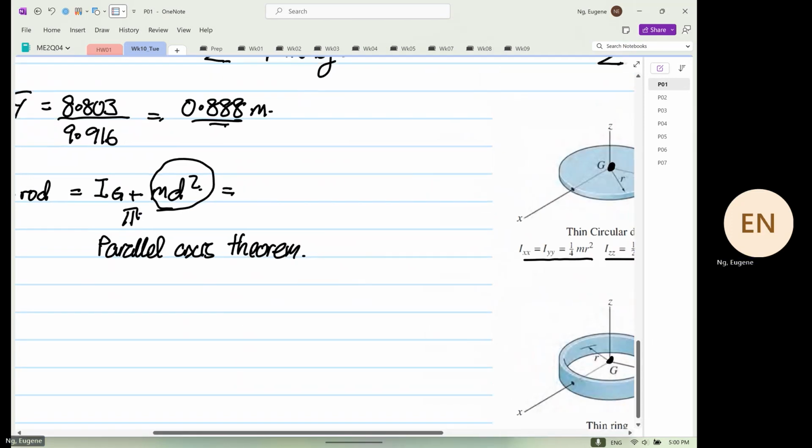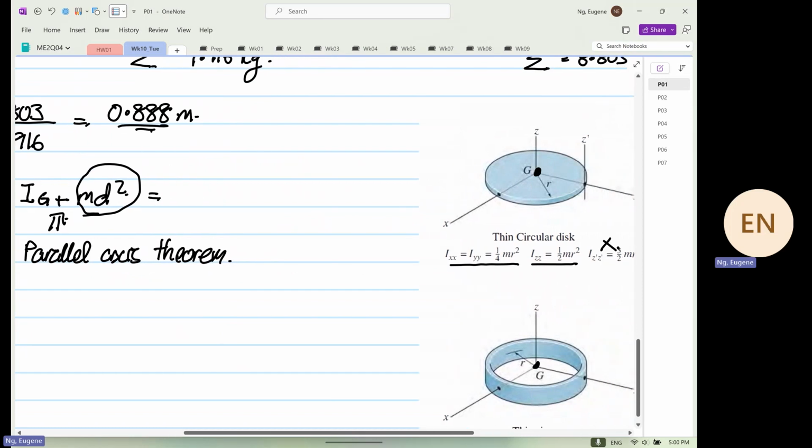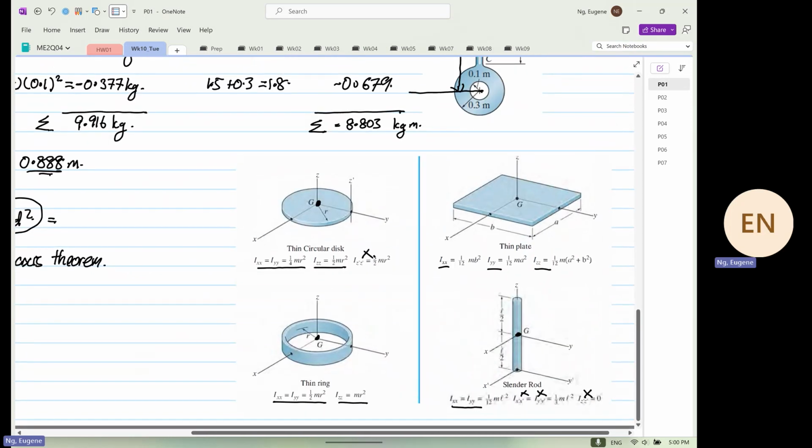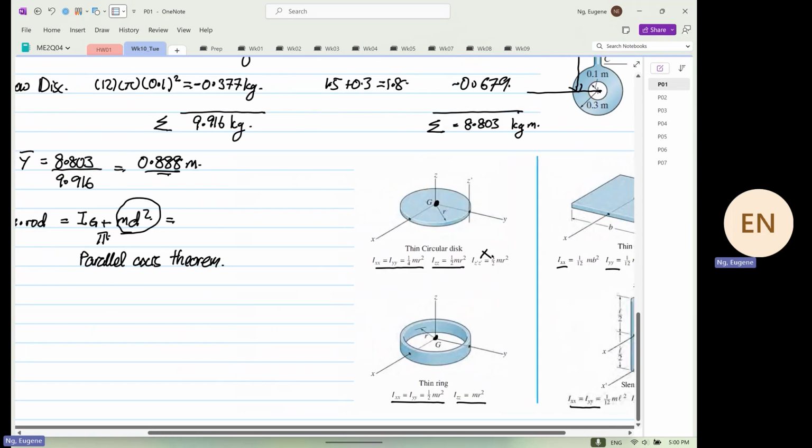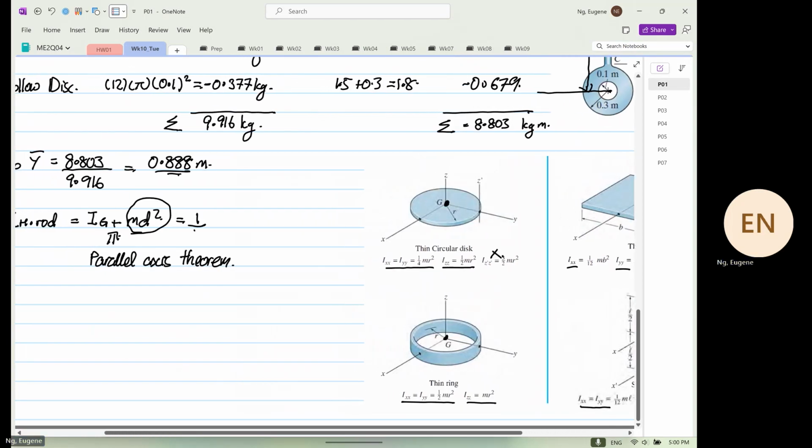So now we are looking at the horizontal rod. The horizontal rod is 1/12 ml squared plus md squared. Okay, so now I will shift this.